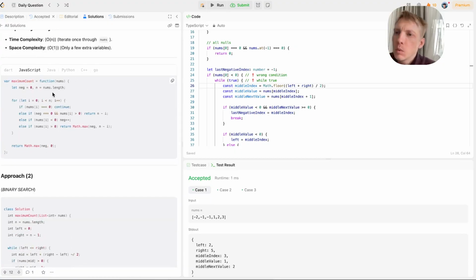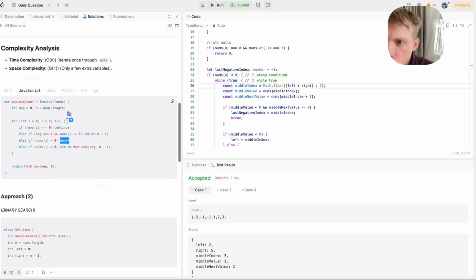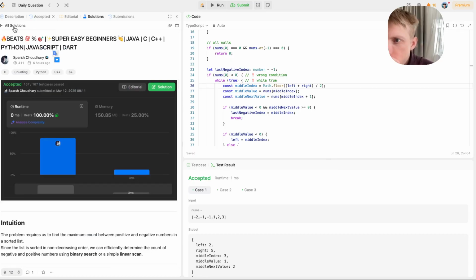And what do we have here? Really? Yes, this is O(n). Bad complexity.